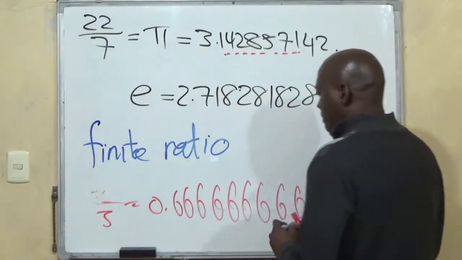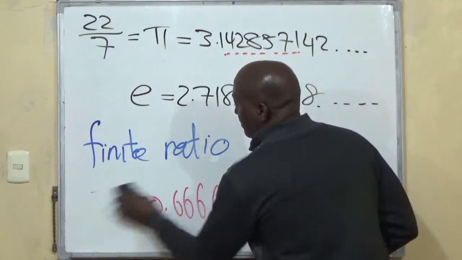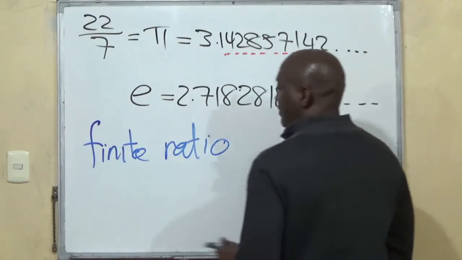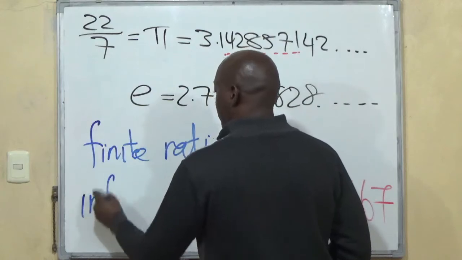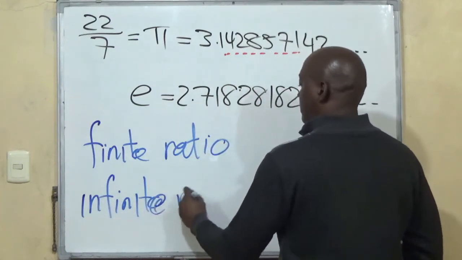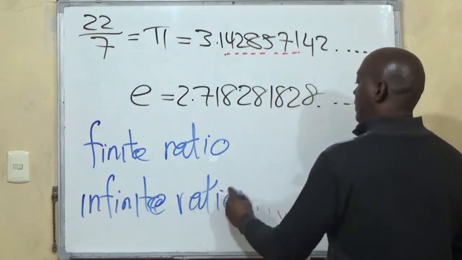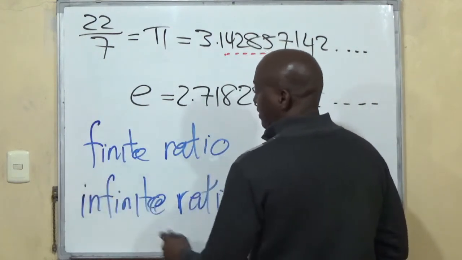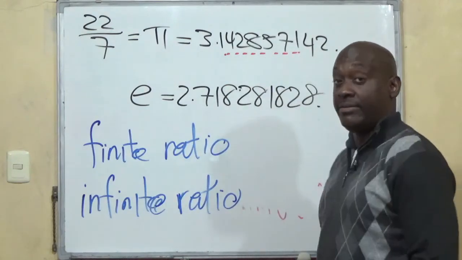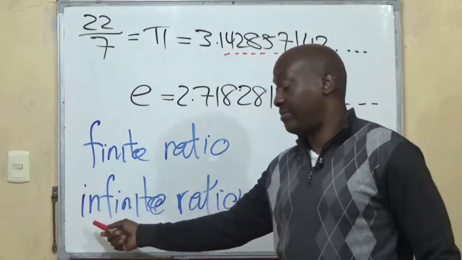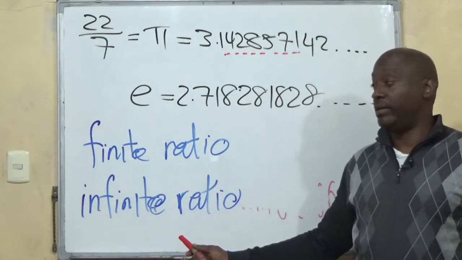And then, in opposition to that, you have the infinite ratio, which is you divide and you get a decimal, and you find that the decimal is infinite. It just goes on and on and on. This is what will give you your irrational number.